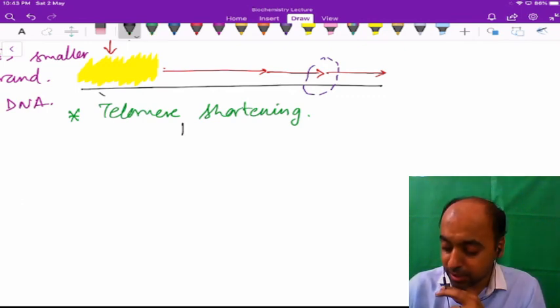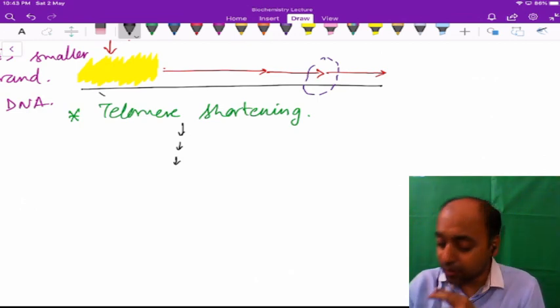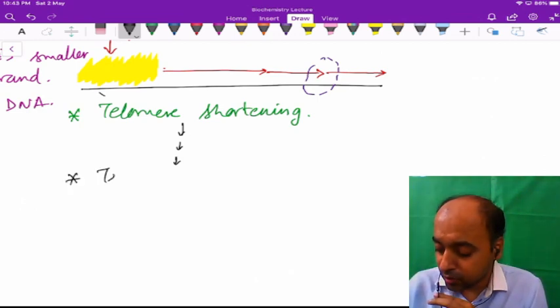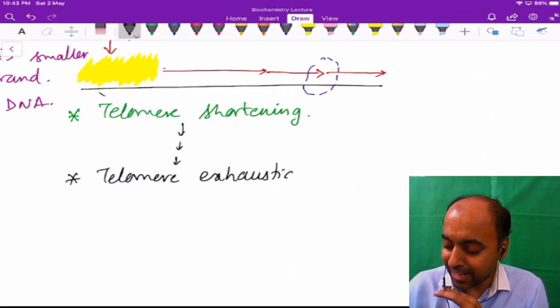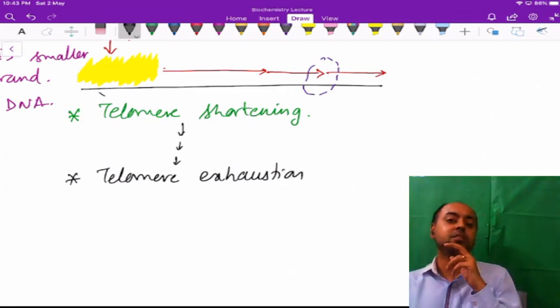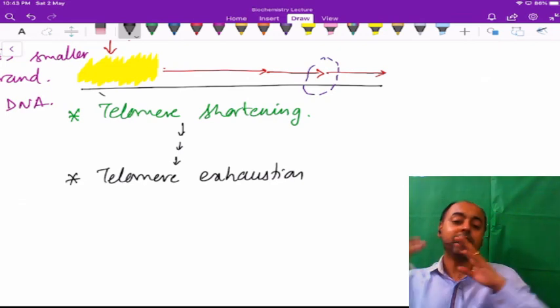So now what is happening? The telomere shortening is occurring. After some time, there will be complete absence of the telomere. All of it will gradually be lost by the shortening after each metabolic cycle. Once this happens, the DNA will become unstable.